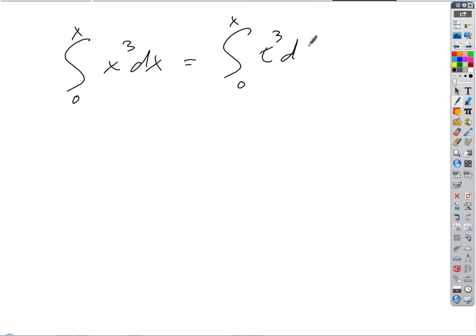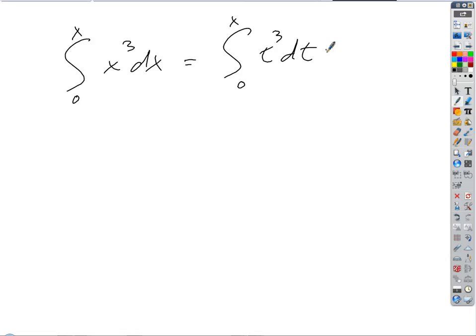So how does this change? What if I did something slightly different? What if I wanted to add up the area under, let's say, x cubed from 0 to x? First of all, that looks a little confusing to have an x there and there, doesn't it? It's okay to do, but a better way to write this would be t cubed dt, where t is what we call a dummy variable.